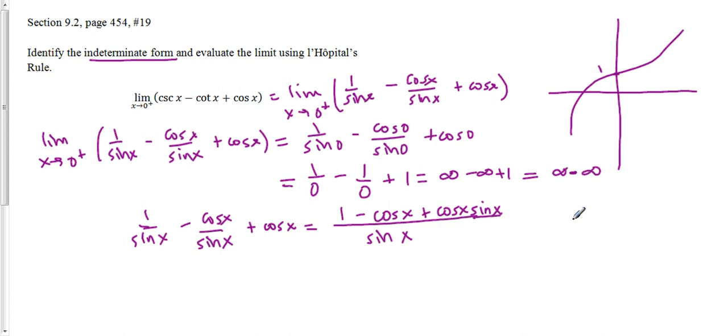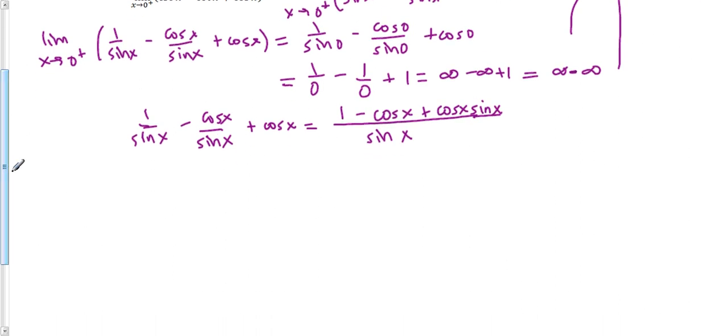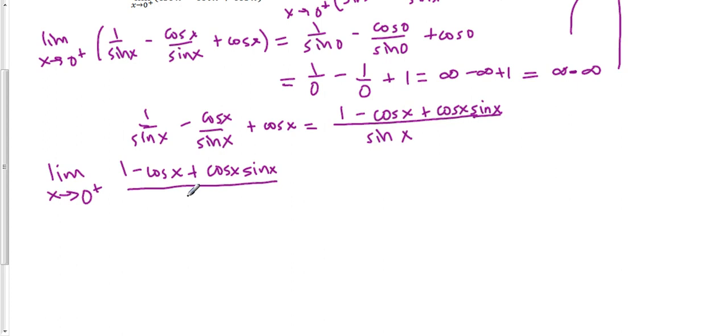And you can see that what I've got is one function divided by another function. And hopefully, when I substitute in again, trying to evaluate my limit, I'm going to get 0 over 0 or infinity over infinity. So let's try to do this here. Now I'm going to take the limit as x goes to 0 from the positive side of 1 minus cosine x plus cosine x times sine x all over sine x.